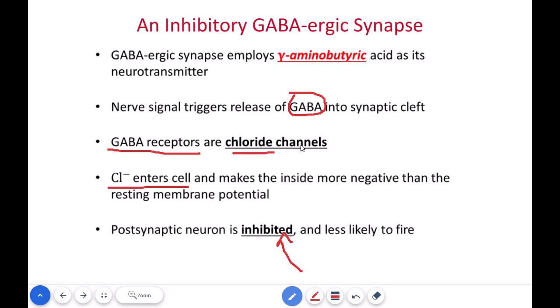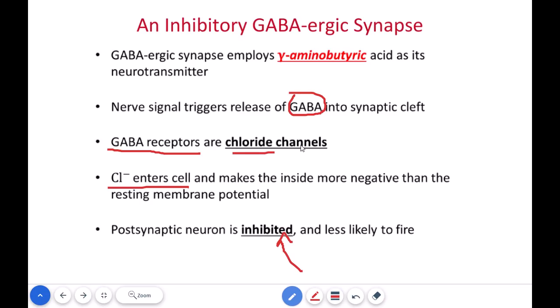They're highly electronegative ions that are going to lower the overall membrane voltage as we add more chlorine ions to the intracellular side or intracellular fluid of the membrane.